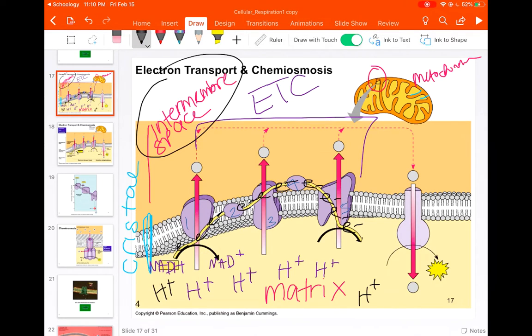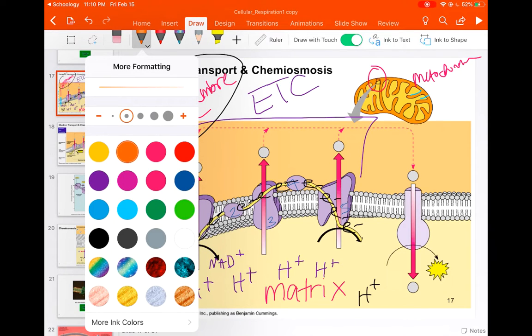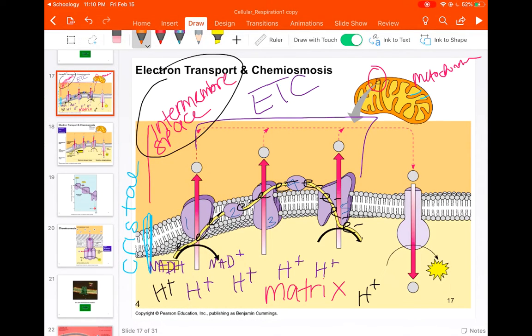That is the direction they take to get out of the matrix and into the inner membrane space. So go ahead and on these arrows, you can start drawing hydrogen ions, and these gray circles are hydrogens leaving the matrix and going to the inner membrane space. So you go ahead and draw some hydrogen ions in the inner membrane space as well.